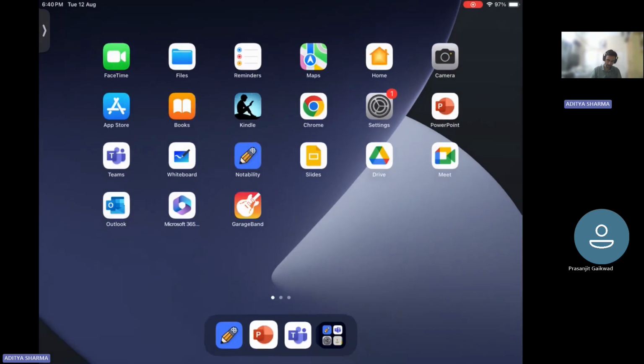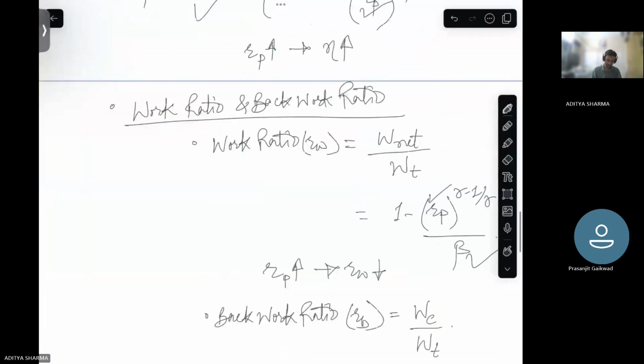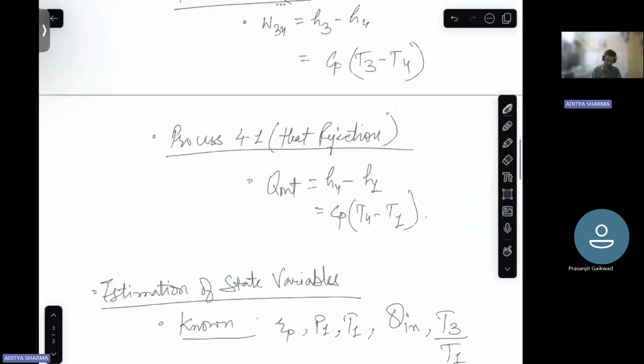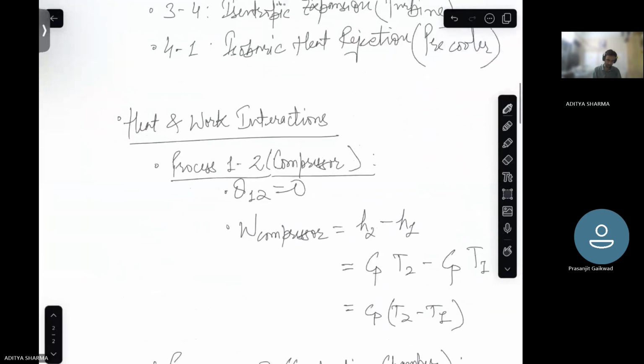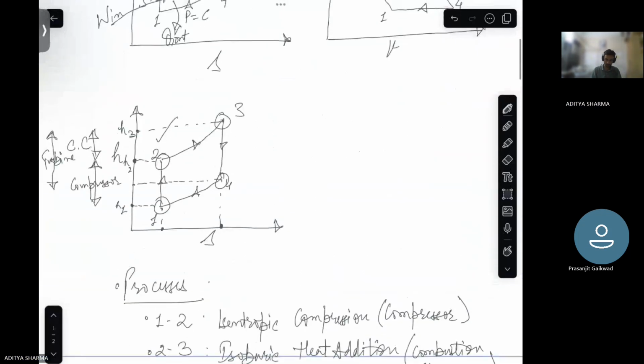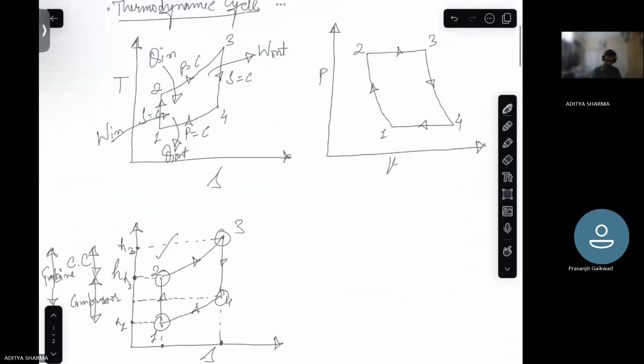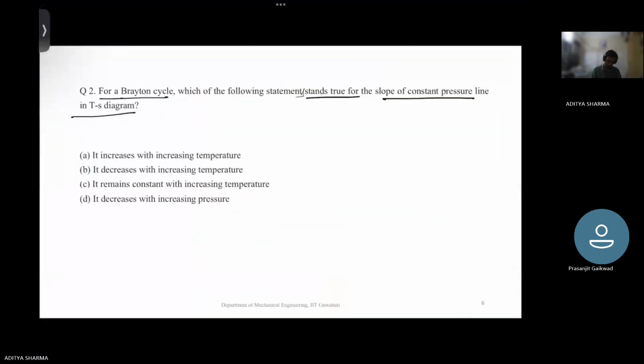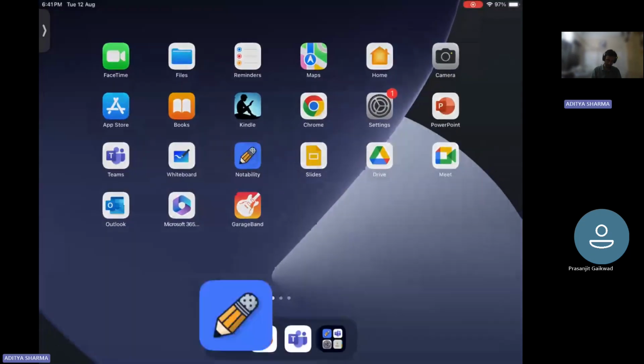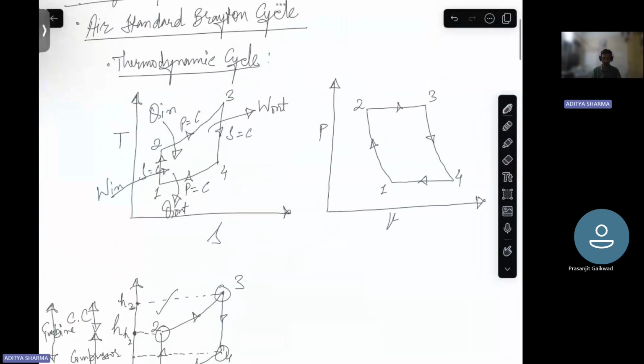So now what is a constant pressure line? Let's see the TS diagram, the temperature and entropy diagram. So this is your temperature and entropy diagram. So here, what is a constant pressure line?